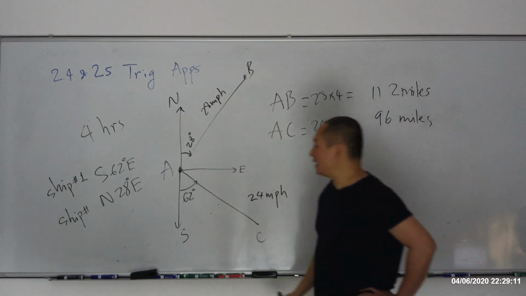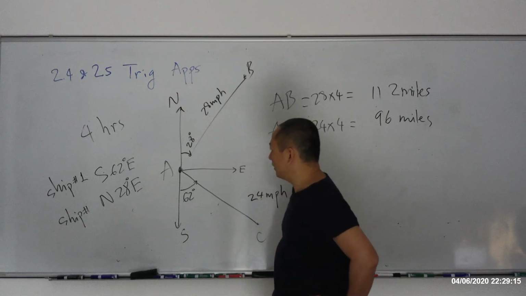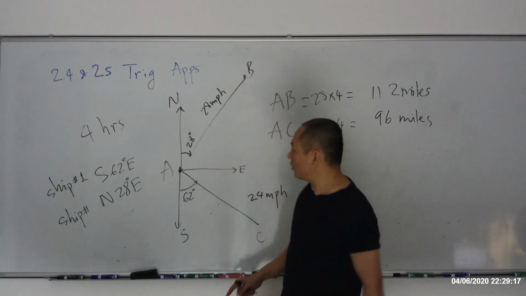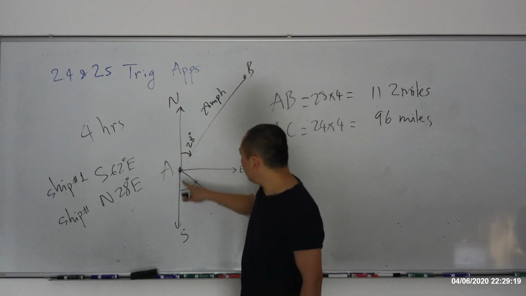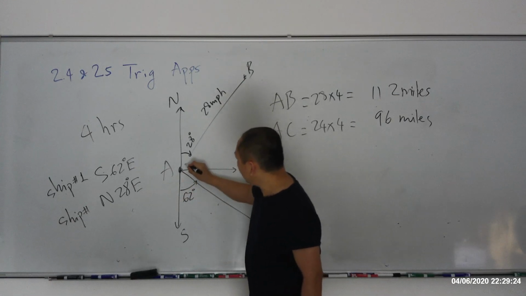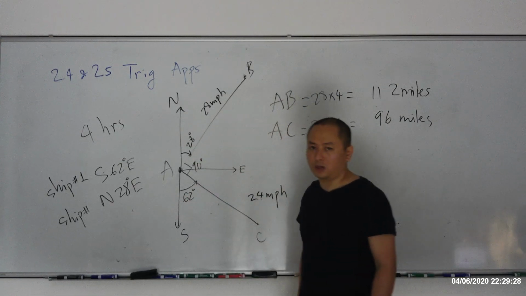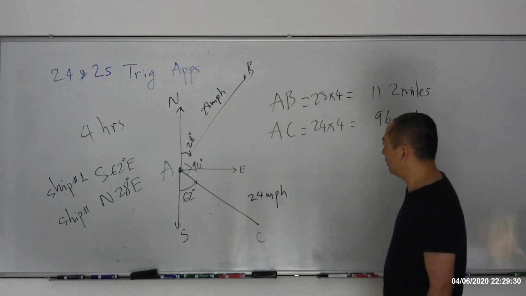Now, at the beginning of our course, they always try to give you very nice numbers to work with because they try to make a right triangle. This is 28 degrees, this is 62 degrees, total is 90 degrees. So this angle right here has to be 90 degrees as well because the total of all the angles is a flat straight angle of 180.